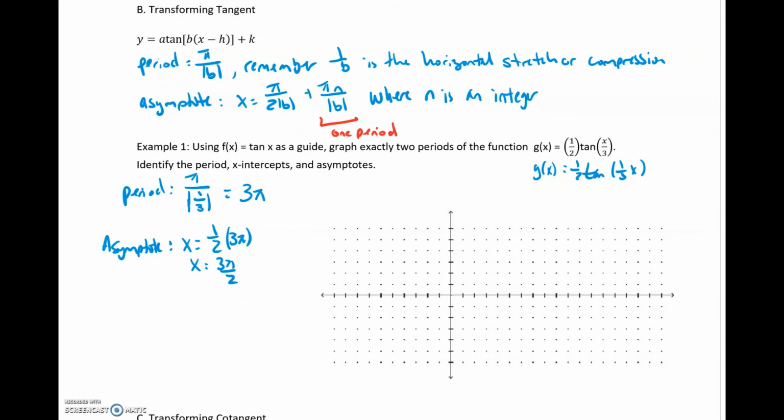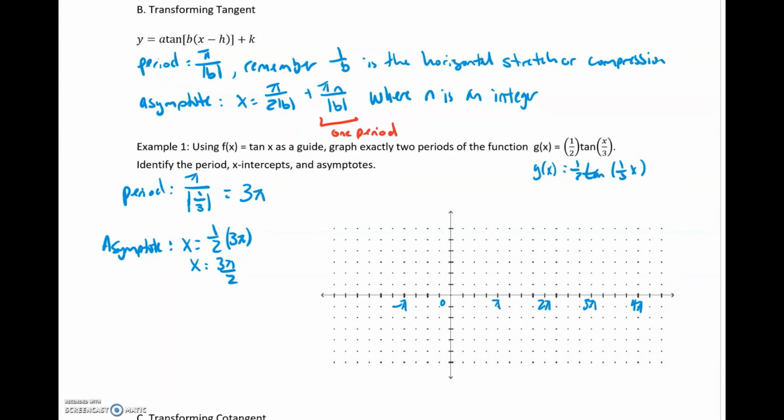So what I'm going to do then is go ahead and make my x-axis scale, so then I can easily find all of my other asymptotes as well. We know the length of the period is 3 pi, so I'm basically going to be adding and subtracting 3 pi from this value. You can do that with the fraction if you'd like. I'm going to figure out my scale because I need that anyway for my graph, and then figure out the other asymptotes to make my 2 full periods.